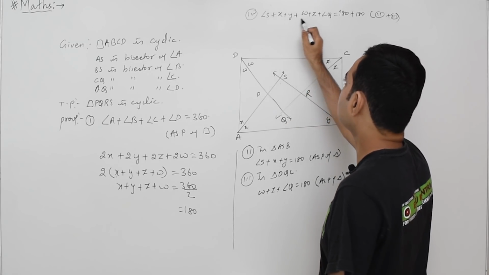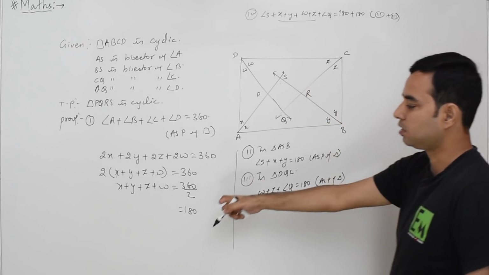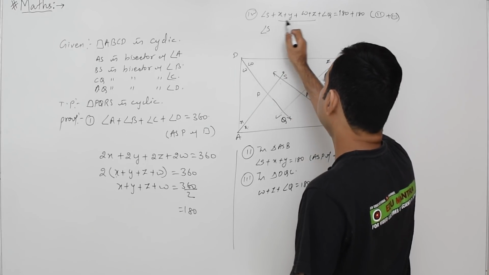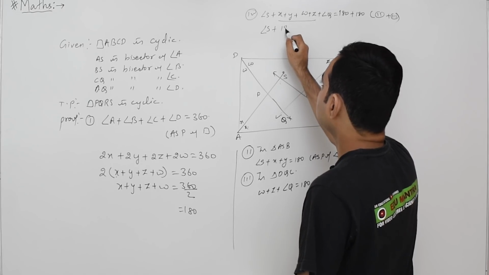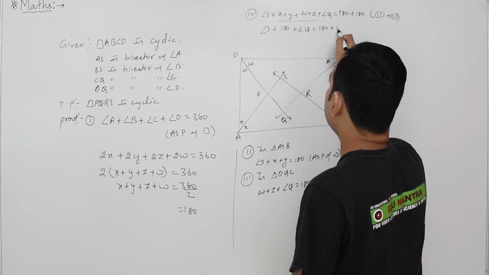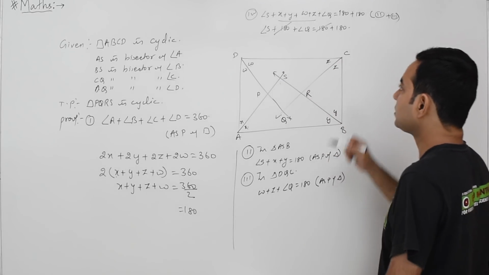So we know that this total x plus y plus z plus w is what? 180 from 1. So we will substitute this as 180. So angle S plus this 180 plus angle Q equals 180 plus 180. 180 cancelled from both the sides.